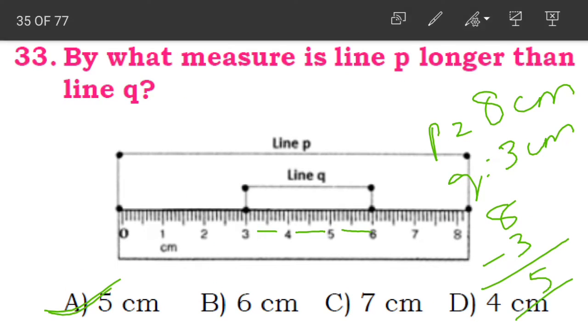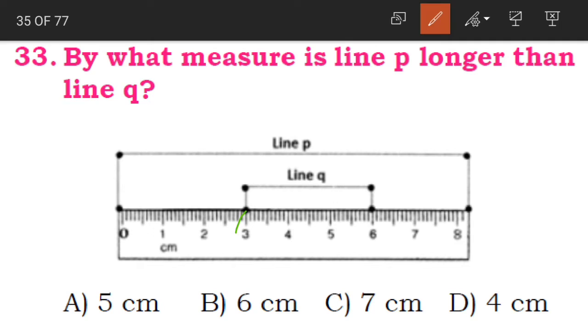Now while doing this centimeters part, you need to be very careful. See, this will not be 1, 2, 3, 4. Line Q is not equal to 4 centimeters, children. Line Q, from 3 till 4 it is 1 centimeter. Now from 4 till 5 it is 1 centimeter, and from 5 till 6 it is 1 centimeter. So 1 plus 1 plus 1 is equal to 3. Okay, children?